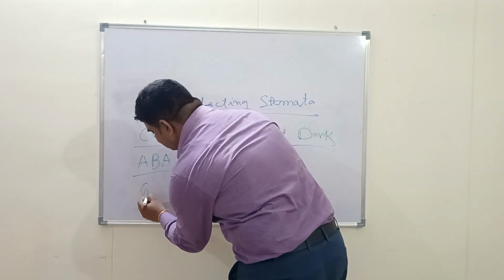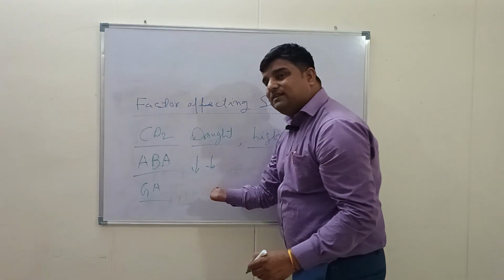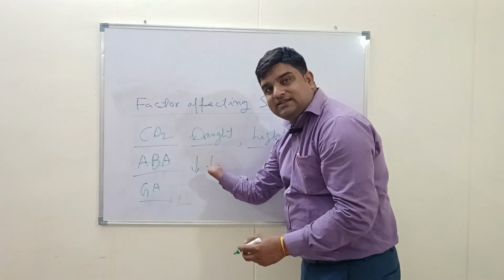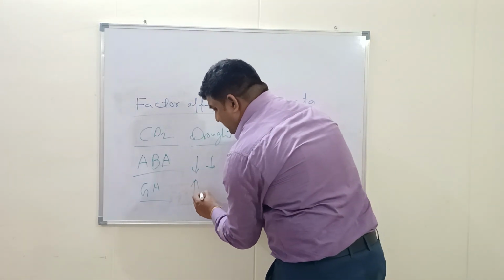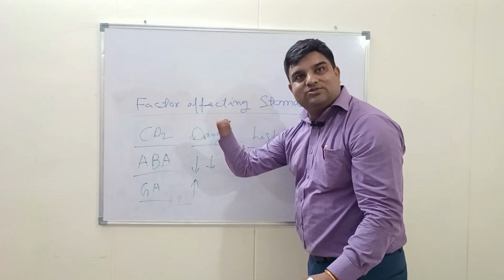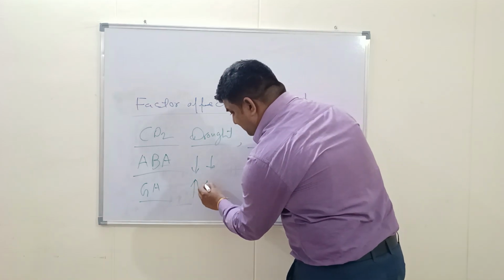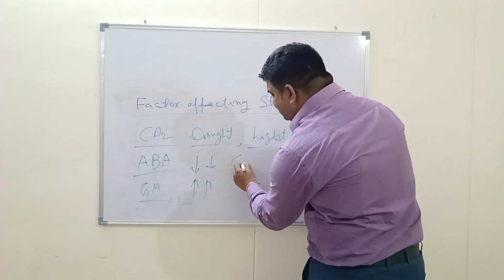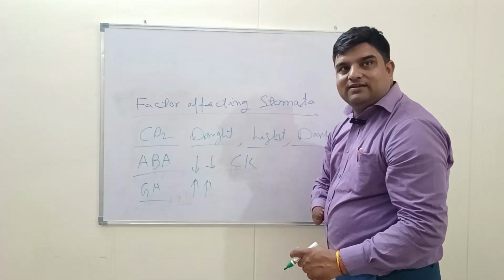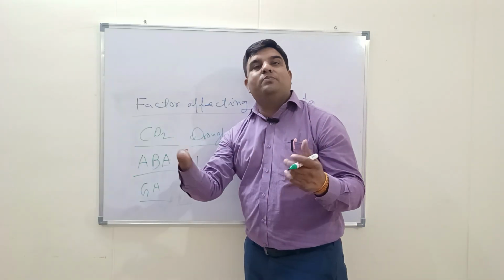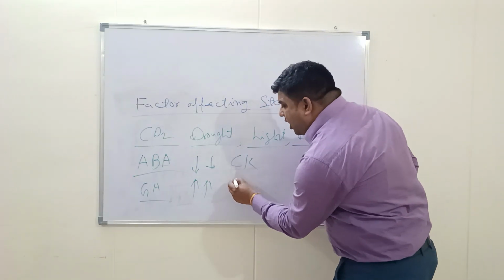Gibberellic acid increases the opening of the stomata as well as the number of stomata. Cytokinin increases the number of stomata and promotes the opening of stomata.